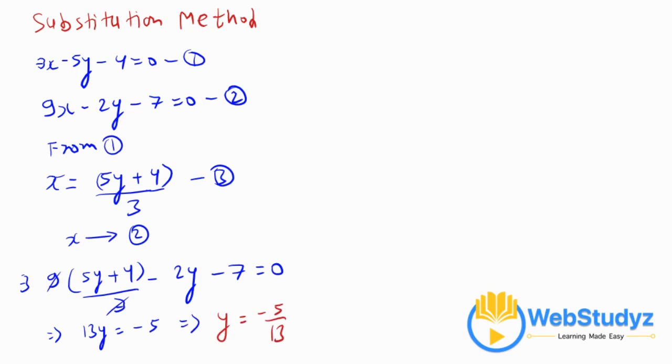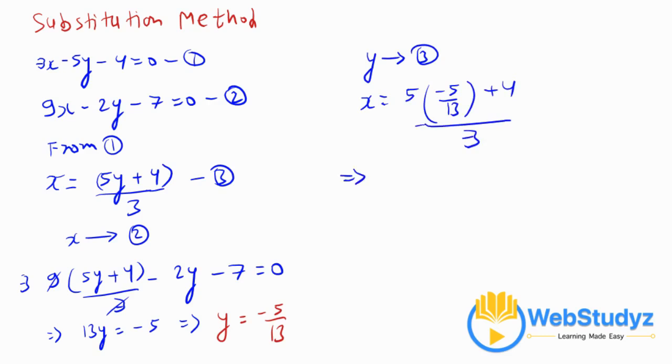Now we put the value of y into the third equation. We get x equals 5 into minus 5 by 13 plus 4 divided by 3. Solving this, we get the value of x as 9 by 13.